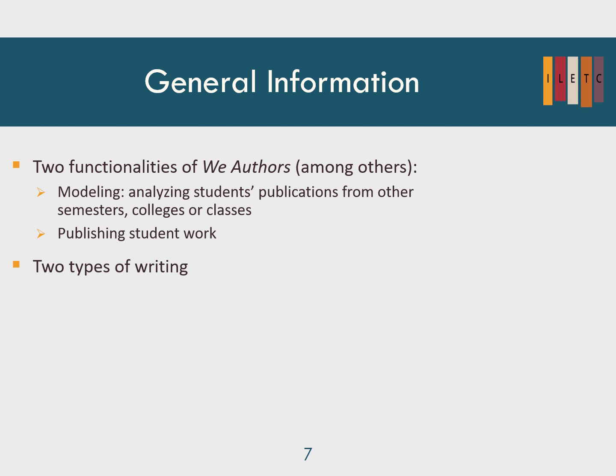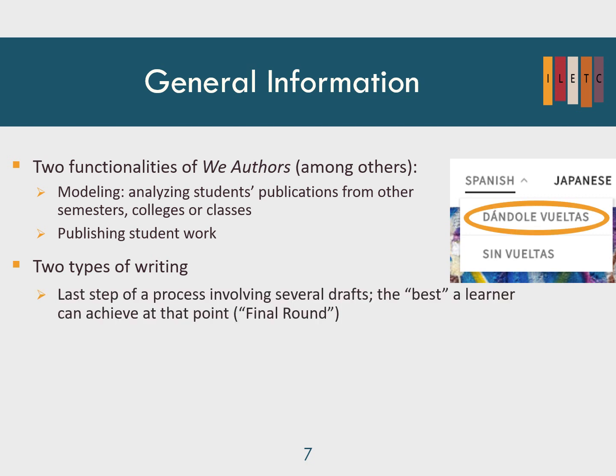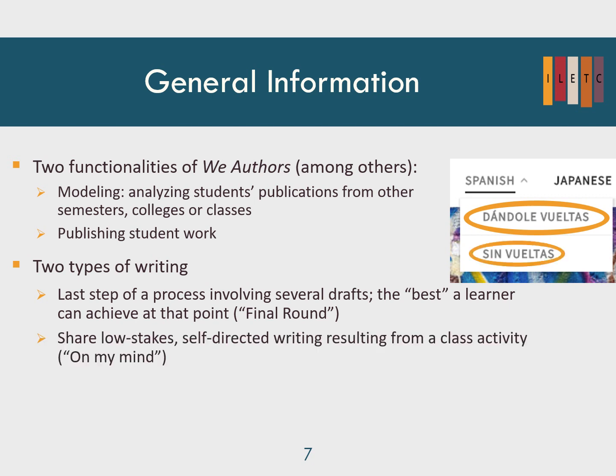Regarding the second use, the site offers space for 2 types of publications. One type is a final copy resulting from work on one or several drafts which received feedback from the instructor. Or WeAuthors can be used to publish more improvisational writing which might not have received feedback from the instructor.